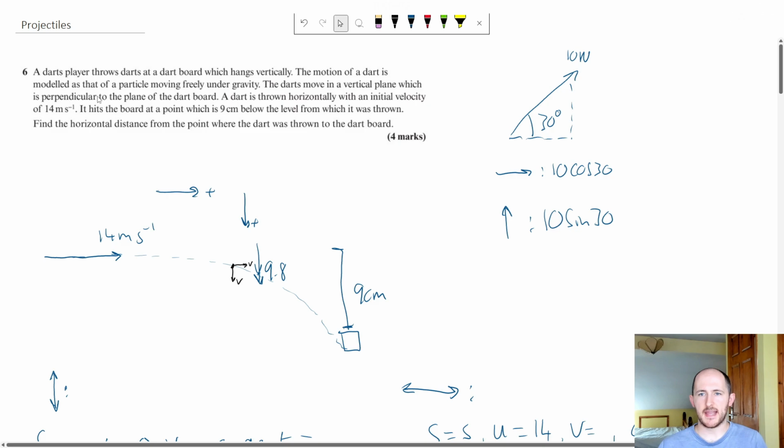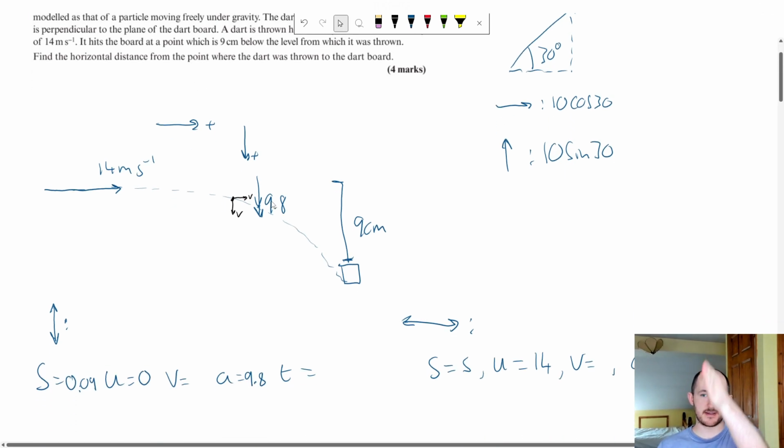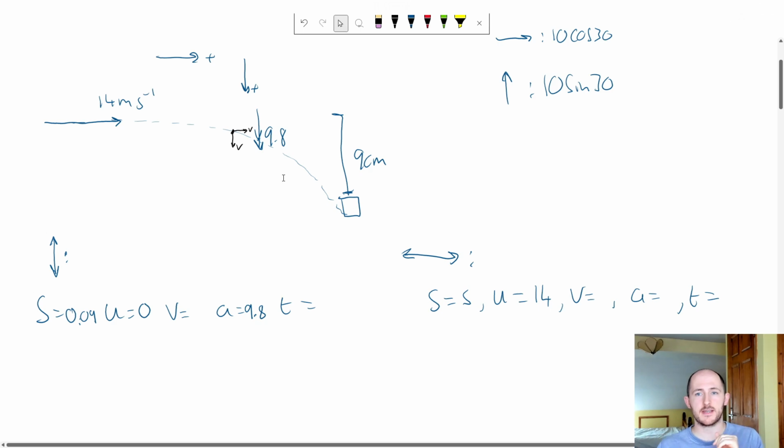Well, it says here that the motion of the dart is modelled as a particle moving freely under gravity. When it says freely under gravity, it means the only force acting on this is gravity. If there's no other force, and again, bear in mind, gravity only acts downwards, it doesn't act to left or right, that means there's no other forces acting on this going to the right or left.